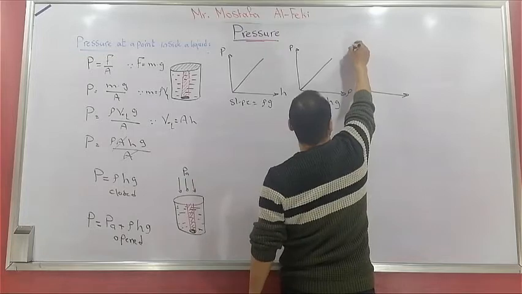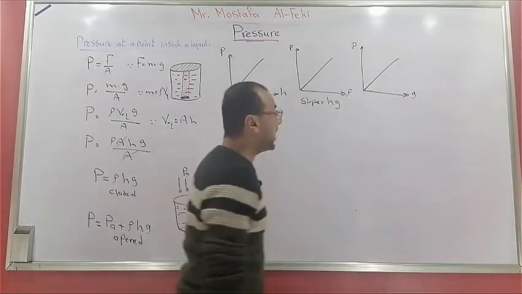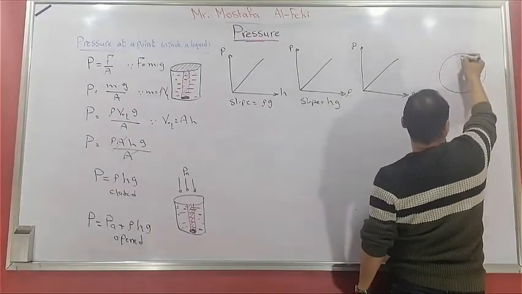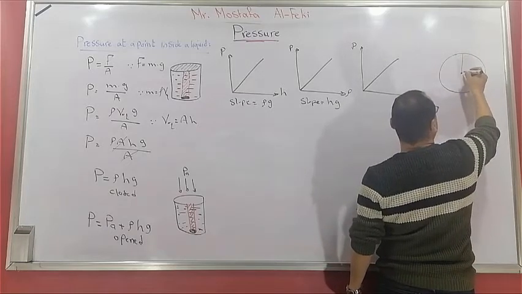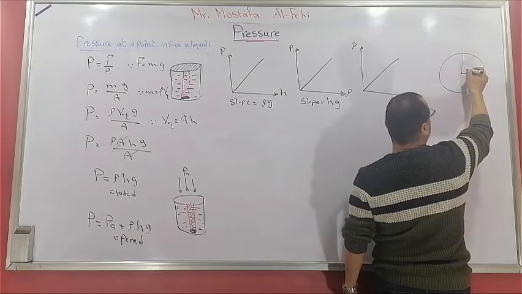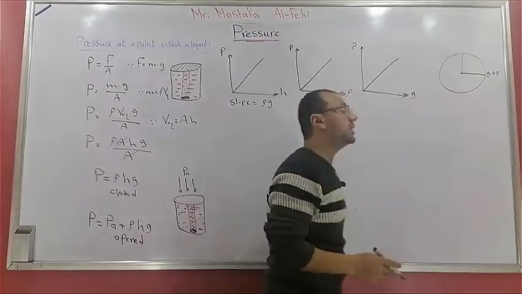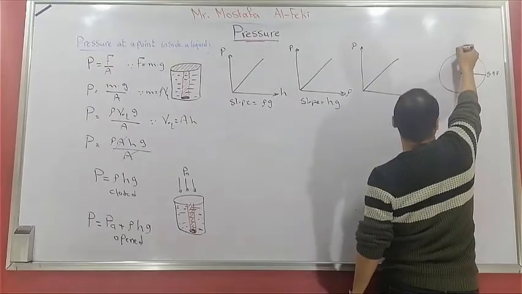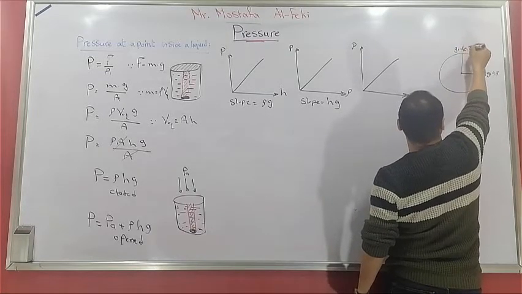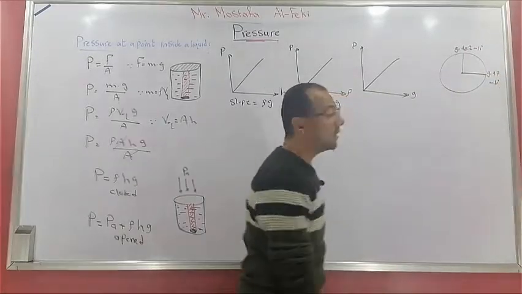The relation between pressure and the gravity is also directly proportional, and the gravity differs slightly from one position to another all over the earth's surface, because at the equator the gravity equals approximately 9.7, and at the two poles the gravity equals 9.8 or reaches 10.2 meter per second squared. Why?